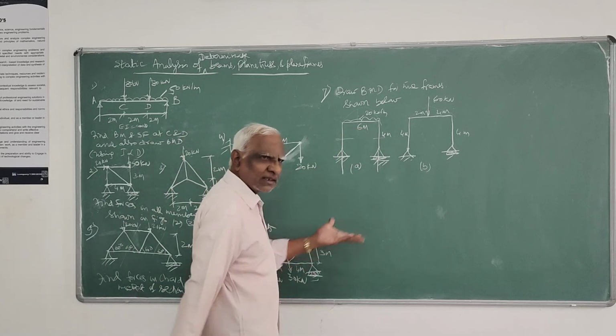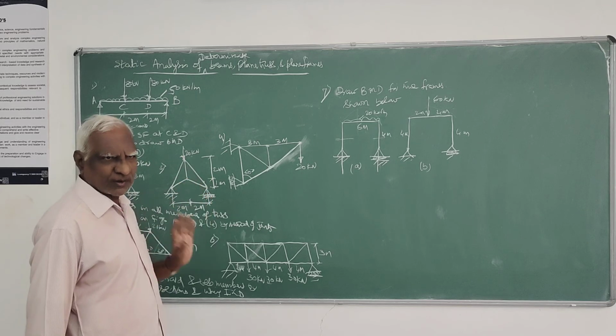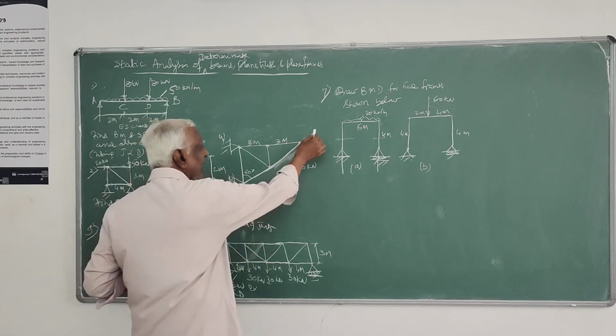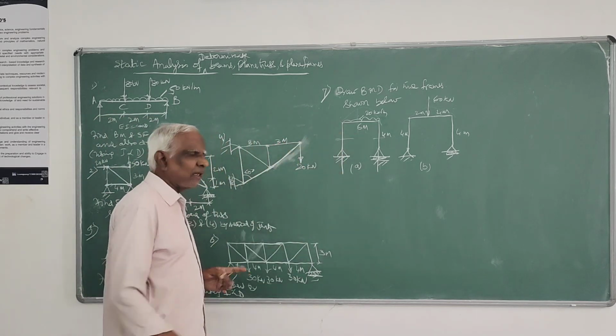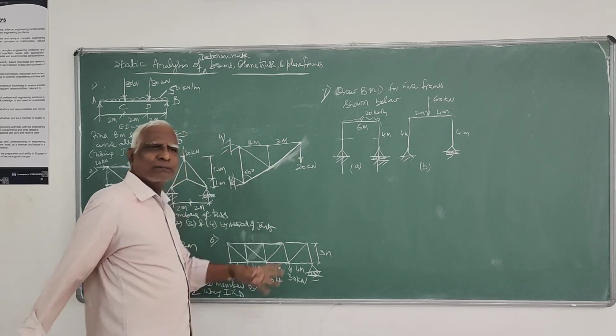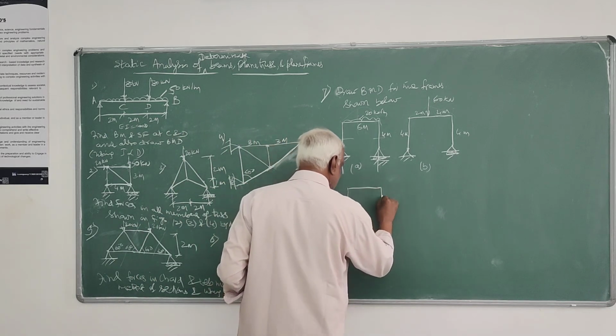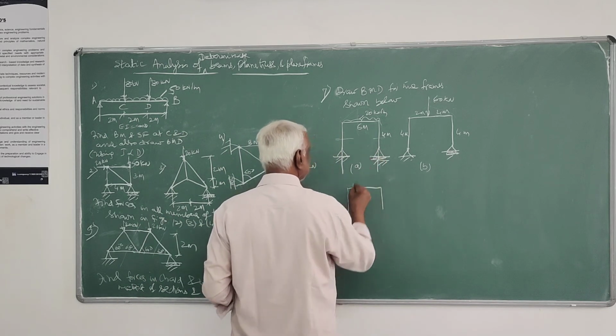Here you don't have. Though the frame is also similar to that. I have set a problem on frames also. But if you have a horizontal load, then you will get a horizontal reaction. Due to that, you will get the bending moment diagram for that also. So if you want, you can try that problem also.